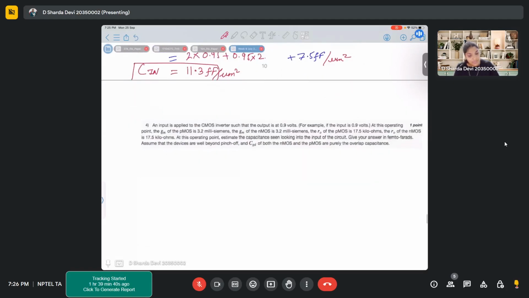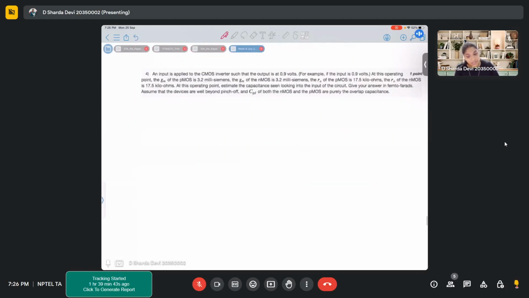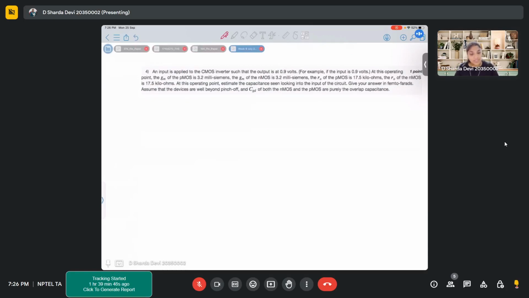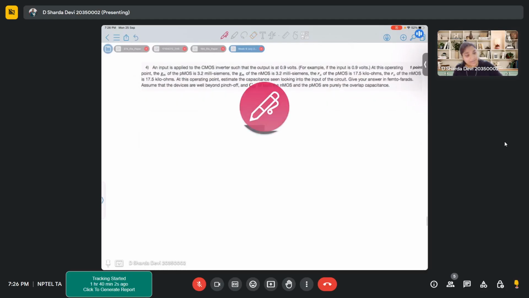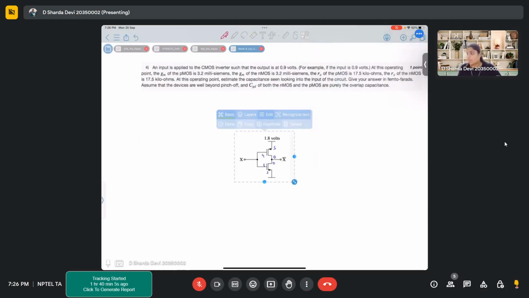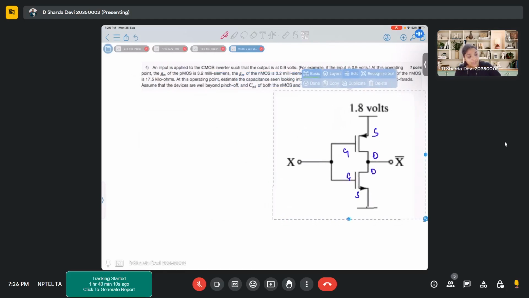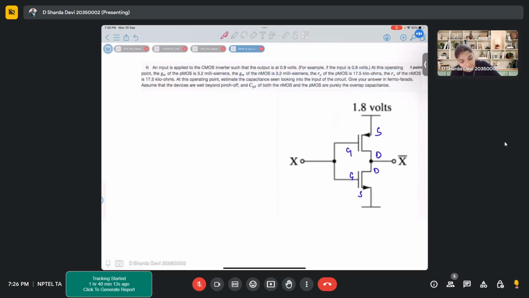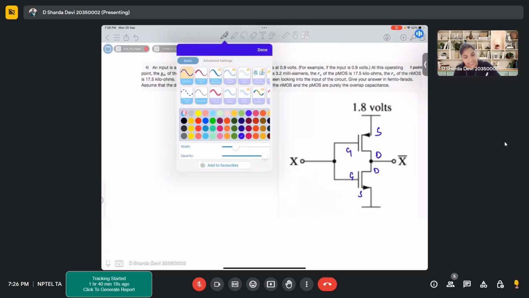So now moving on to the next problem. In this problem, input is applied to the CMOS inverter such that the output is at 0.9 volts. It is the same inverter question.